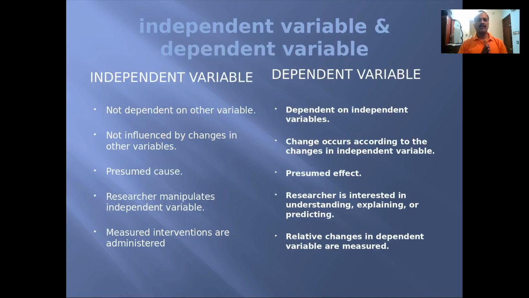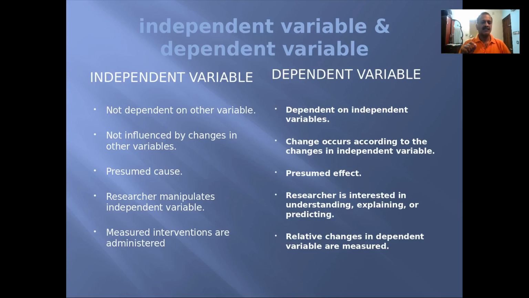So this is the difference between independent variable and dependent variable. I'll repeat. The independent variable is not dependent on other variables, whereas a dependent variable is dependent on the independent variable. The independent variable is not influenced by changes in other variables, whereas the dependent variable changes according to the changes in the independent variable. The independent variable is the presumed cause, whereas the dependent variable is the presumed effect.